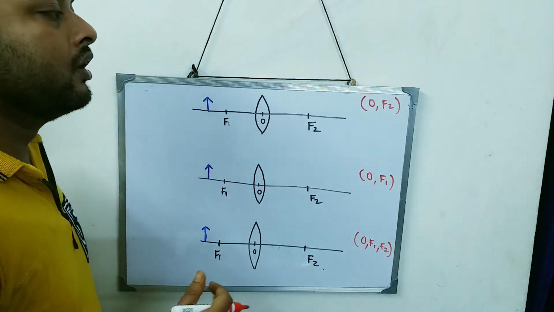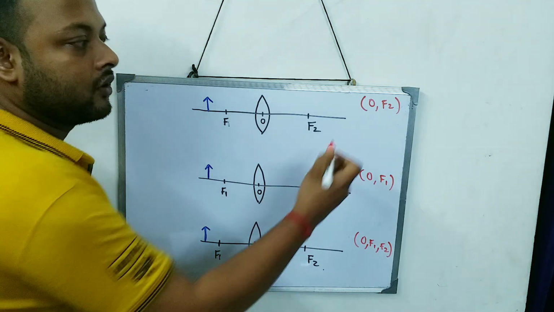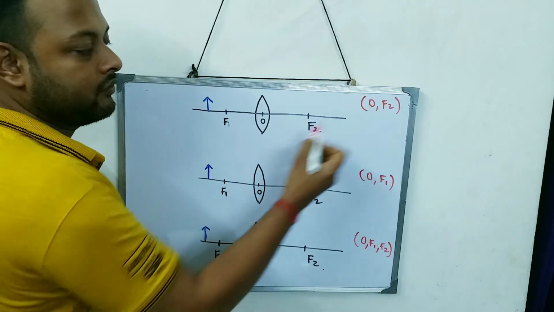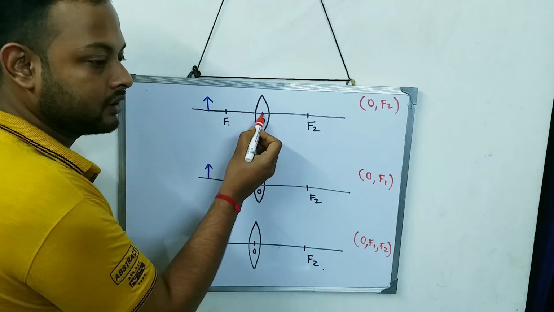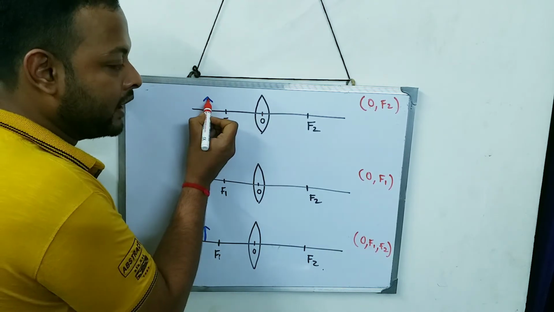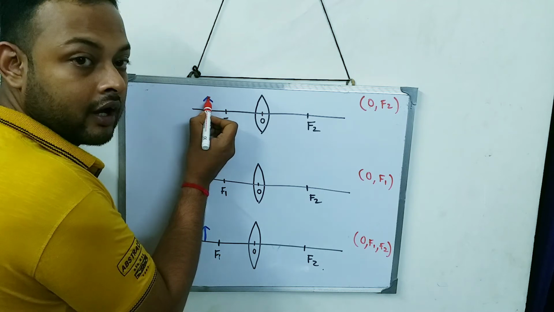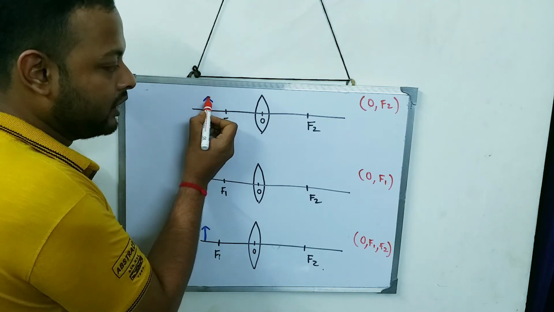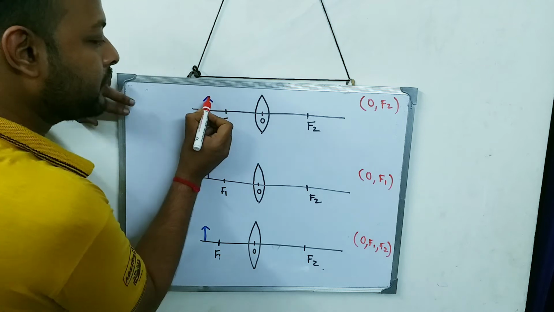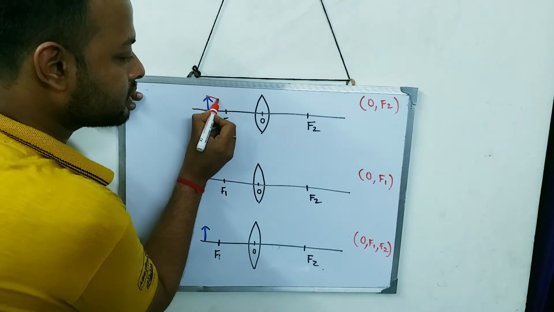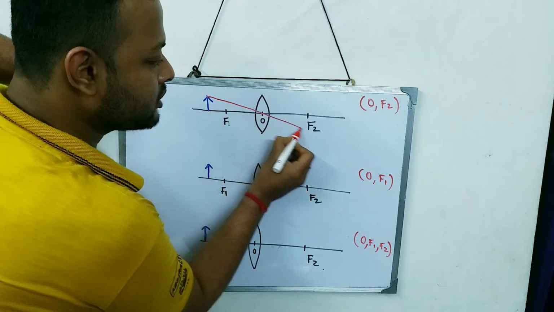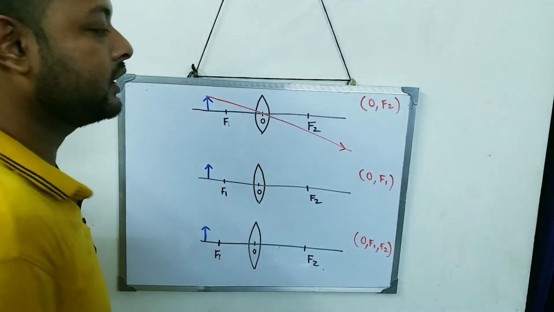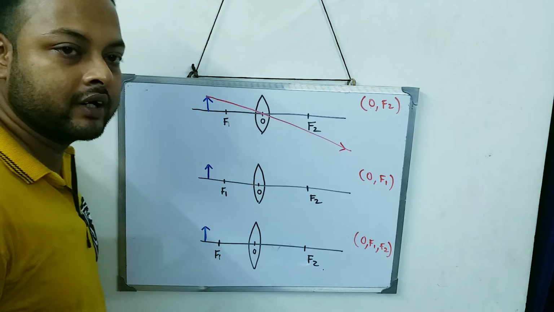As I told you, I will take the first point, optical center. It means I need a ray that passes through the optical center. All the rays will emerge from the head of the object. So how will it happen? See, it will happen like this. The ray will pass through the optical center just like this, because it will pass undeviated, we know.